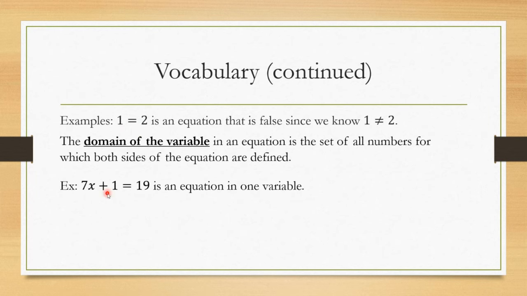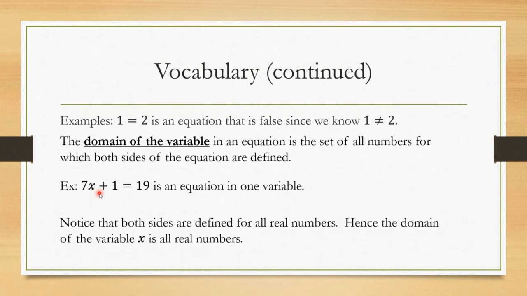Or as another case here, 19 is defined for every real number, and 7x plus 1 exists no matter what x is. So that's why the domain of the variable x here is all real numbers.